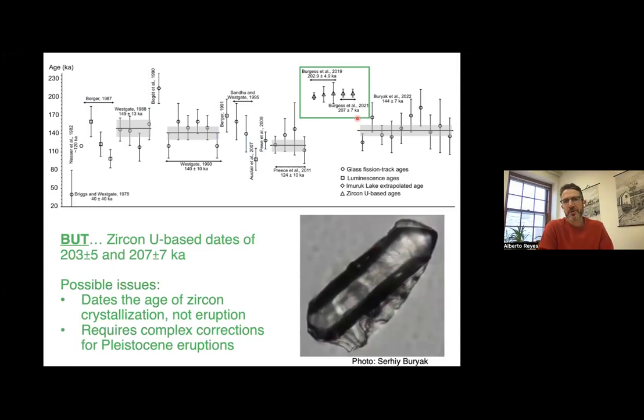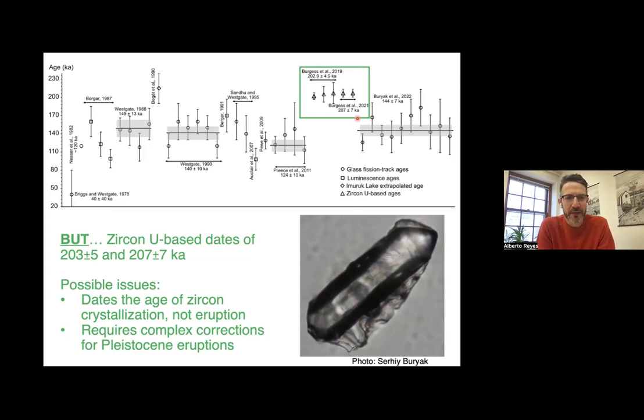And then a couple of years ago, Seth Burgess and colleagues at the USGS, they are really high-powered geochronologists doing really great work, very, very careful, lots and lots of dates. This is published in a 2019 paper in QSR and a 2021, I believe, paper in Quaternary Geochronology.